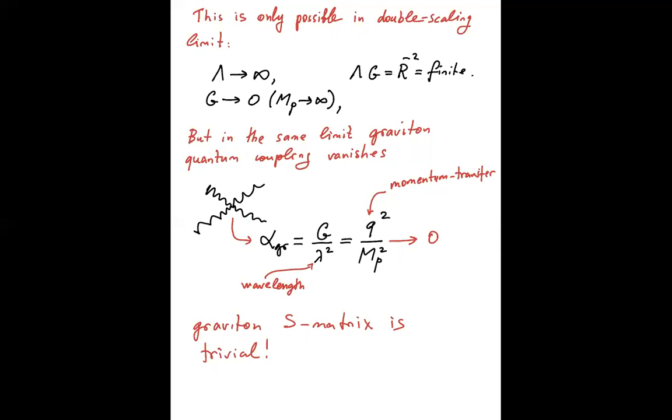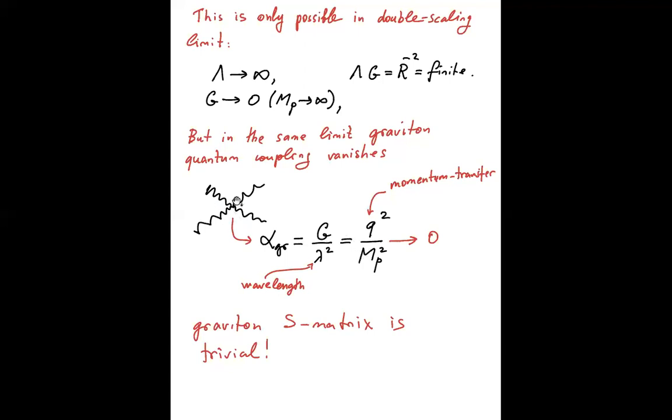Okay, but there is a problem. The problem is the quantum gravitational coupling. In other words, the quantum coupling among gravitons, the graviton-graviton coupling, also depends on the Planck scale.